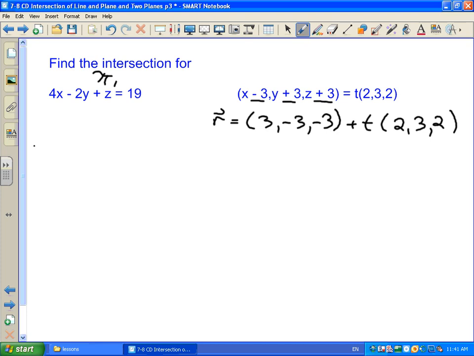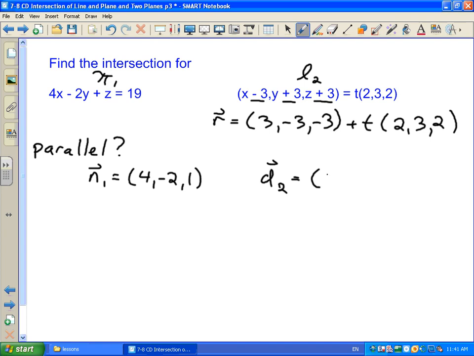All right. So first step, are these guys parallel? Our normal vector is 4, negative 2, 1. Our direction vector, again, we'll call this line 2, our direction vector from 2 is 2, 3, 2.